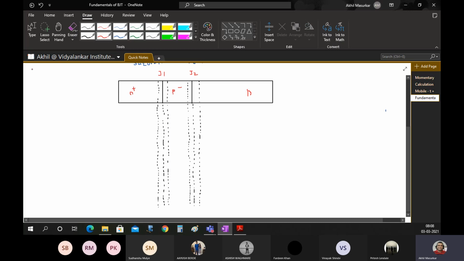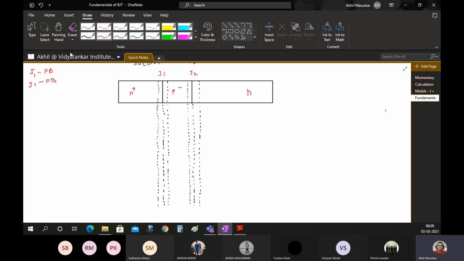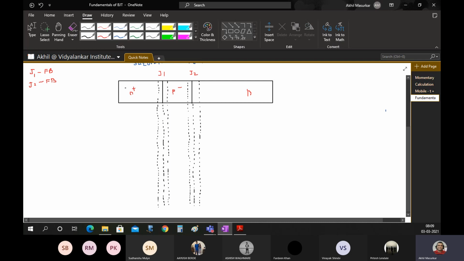So here what we are planning to do is J1 is forward bias and J2 is also forward bias. To make J1 and J2 forward bias, this is N, so I have to connect the negative of the supply here and the positive should go to P. Here N plus means plus sign indicates heavily doped, minus sign indicates lightly doped.